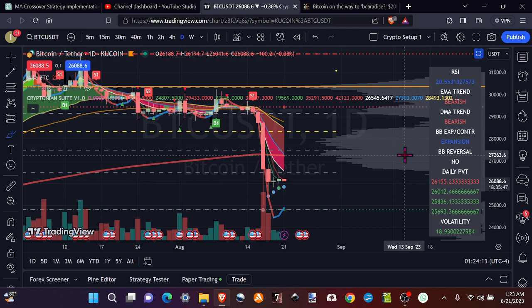But the RSI, according to the founder and the developer, is actually showing the strength of the underlying asset.